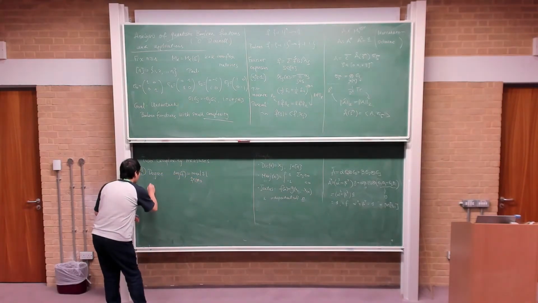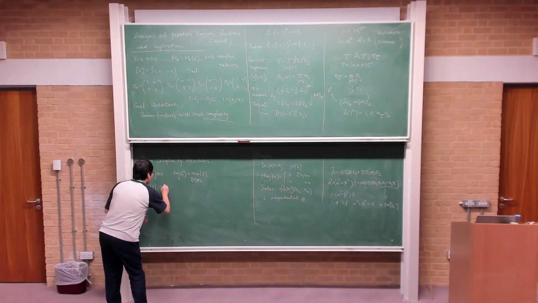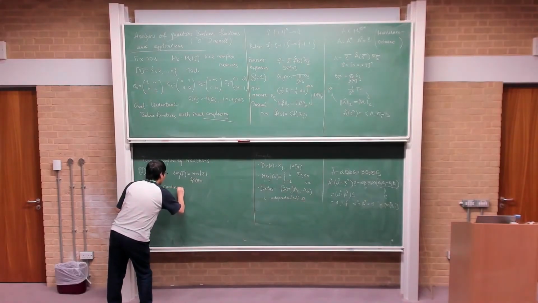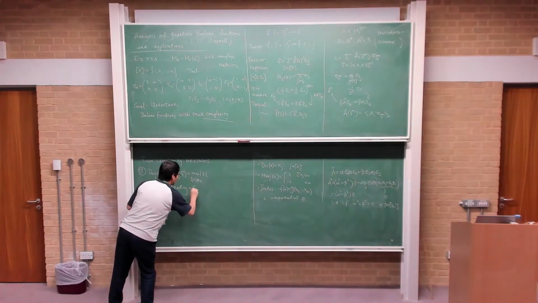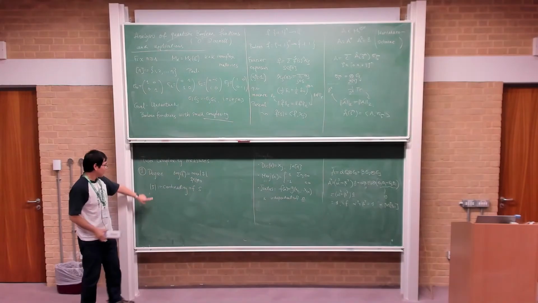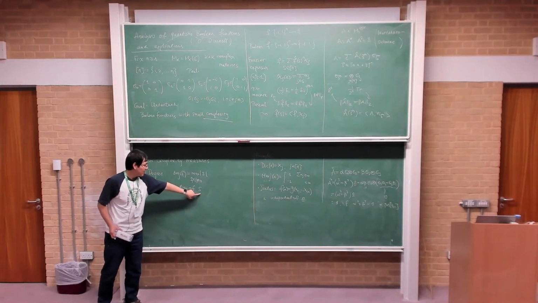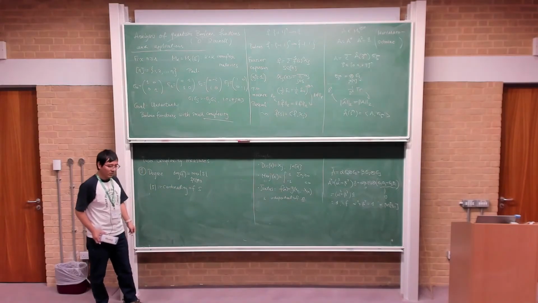So this denotes the cardinality of this set. This set is a subset of the first n positive integers. Okay, this just defines the degree as the degree of a multivariate polynomial.